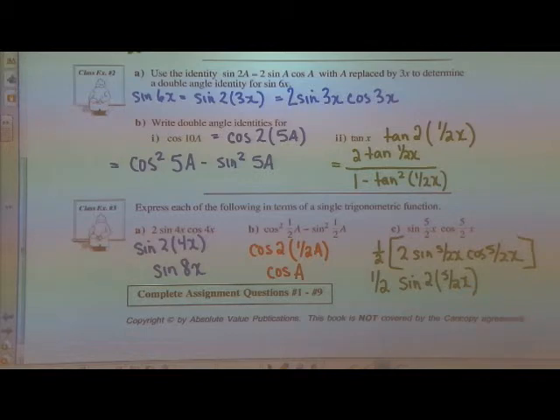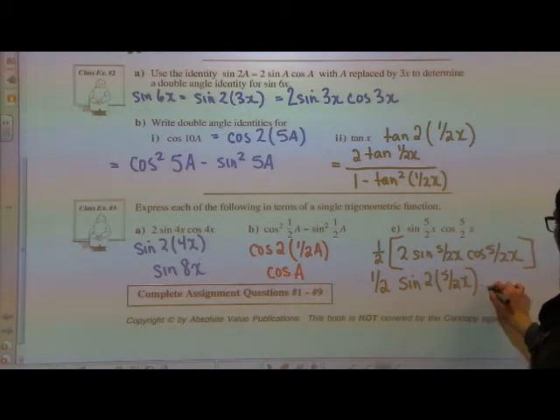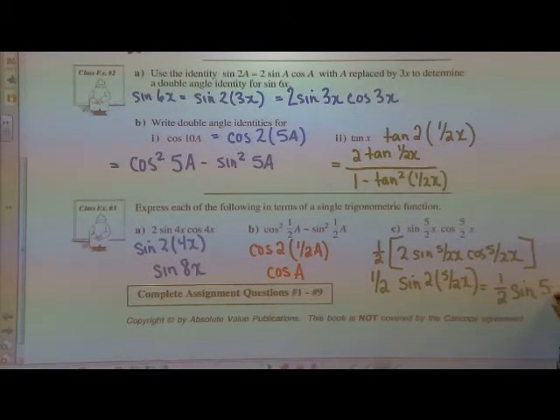And what is 2 times 5/2 x? 5x. And the 1/2 still stays out in front. So I get 1/2 sine 5x.